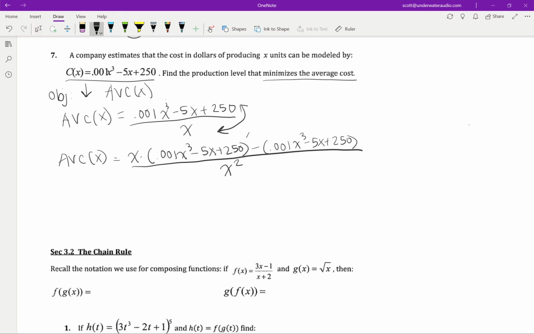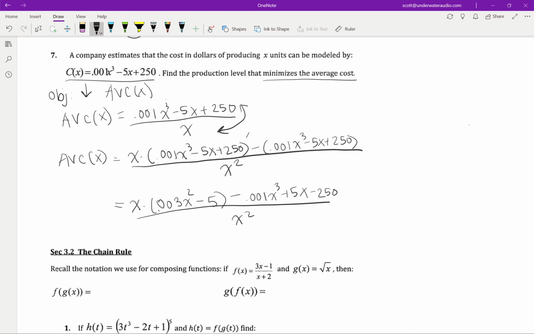Okay, now let's see. I need to take a derivative here. So I've got x times, and then the derivative of 0.001x cubed is just going to be 0.003x squared, minus 5, and then minus 0.001x cubed plus 5x minus 250 all over x squared.